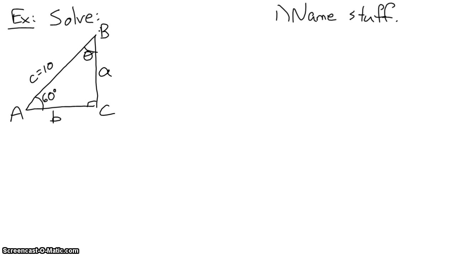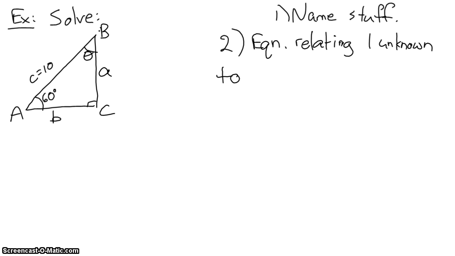Well, the next step is to find an equation relating one of the unknown quantities to 2 of the known quantities, or at least, all the rest of the known quantities that you need. So we want to find an equation relating one unknown to known stuff.